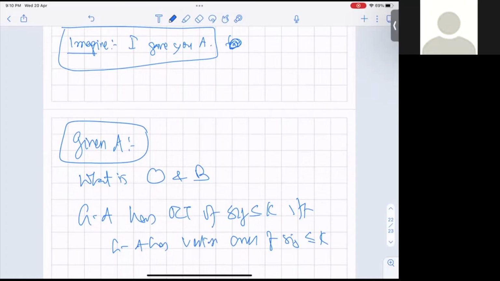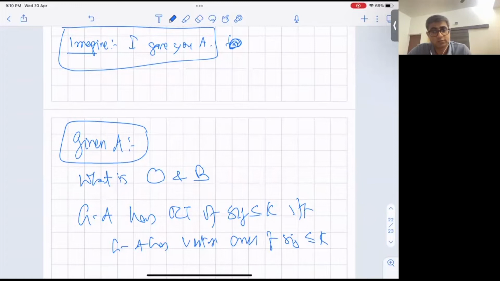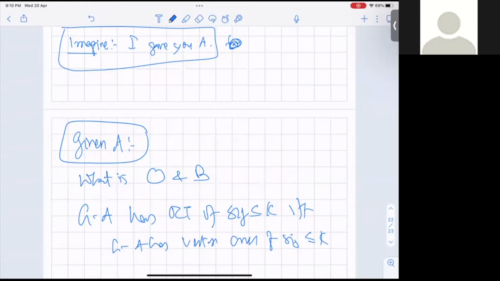If G minus A has an OCT of size at most K, that means we are finding another set that splits the remaining graph into a bipartite graph. But can't we just say that G has an OCT of size at most K? I don't understand the relation, but why would G minus A have a vertex cover of size at most K?